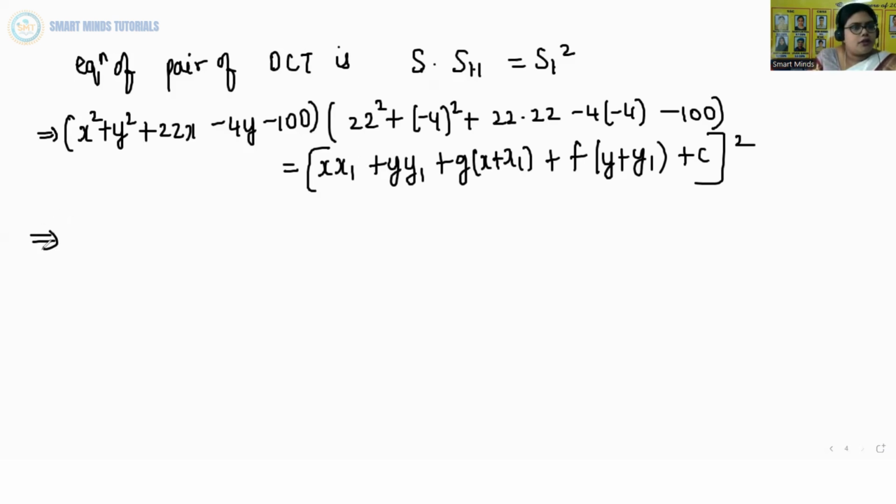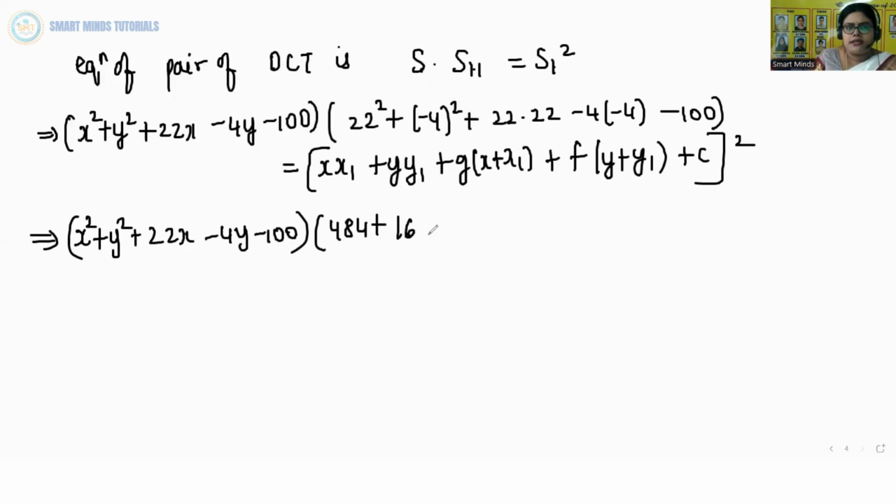Understood? Now, x square plus y square, first bracket I am writing as it is, and the second bracket I am solving now. 22 square is 484 plus minus 4 square is 16 plus 22 into 22 is 484 plus 16 minus 100 is equal to, now I am continuing here. Now again in the place of x1 and y1, we write 22 and minus 4.